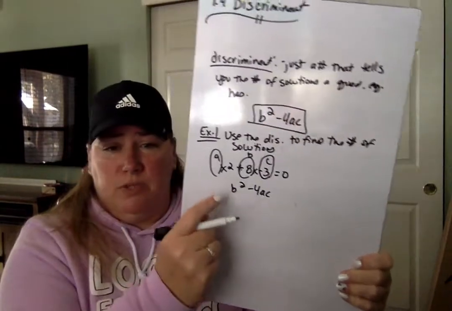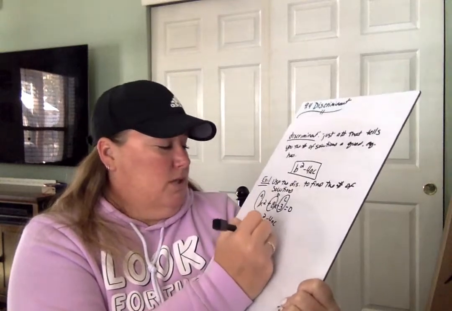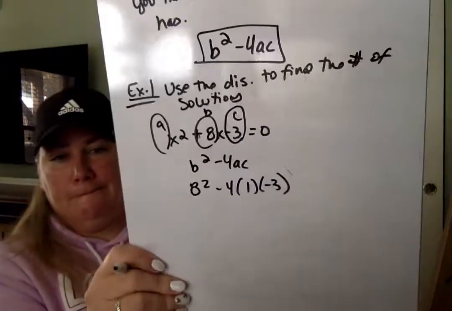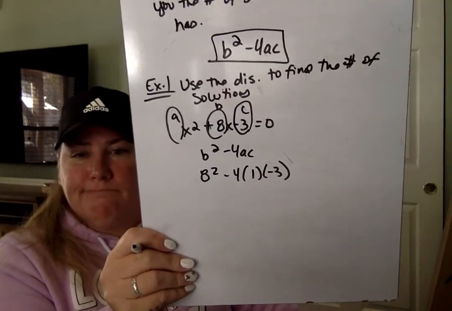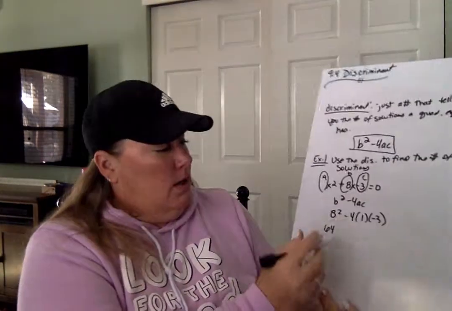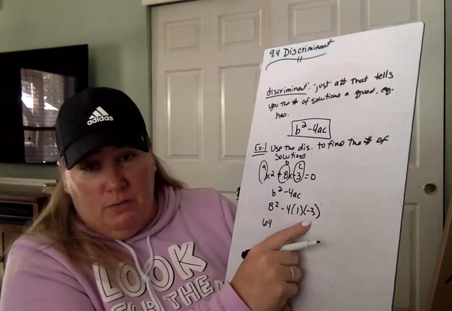And go ahead and substitute your numbers in. So b is 8. So 8 squared minus 4 times a, which is 1, and c is negative 3. Let's start simplifying. 8 squared is 64. Negative 4 times 1 is negative 4. Negative 4 times negative 3 is a positive 12.